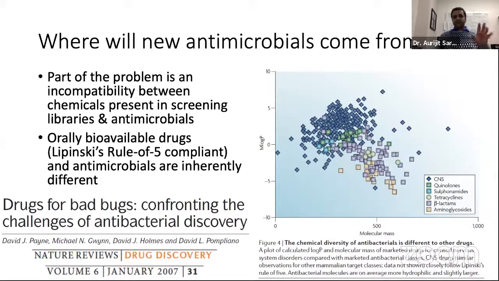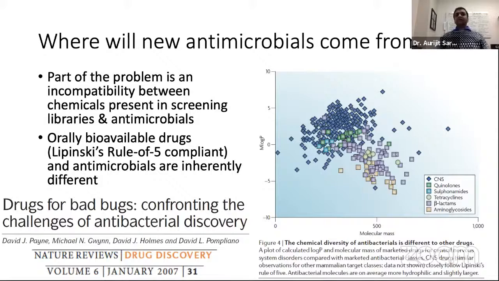I won't get into the details of those, but when I say rule of 5 compliant, I'm talking about the typical tablet that you can take orally and it spreads throughout your body to reach the sites where it needs to act. Antimicrobials are different. Most antimicrobials, such as vancomycin, need to be given intravenously so that they build up a concentration inside blood and they barely reach any other tissues at all.